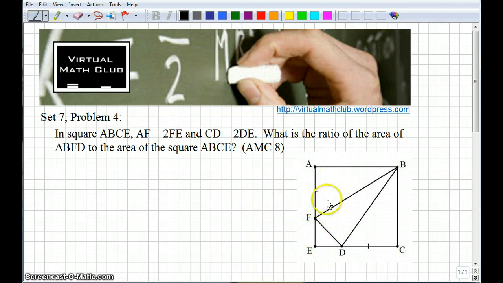We could impose a nice grid if we draw a line across here, I'm trying to draw it reasonably straight, and across here. Okay, so now we've got this square divided into 3 parts here.